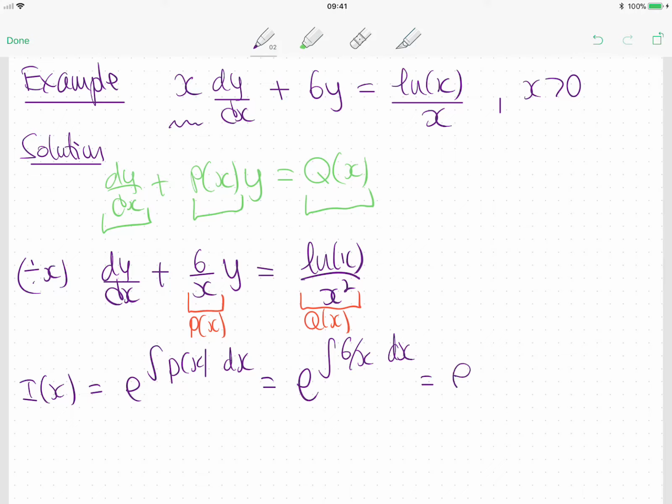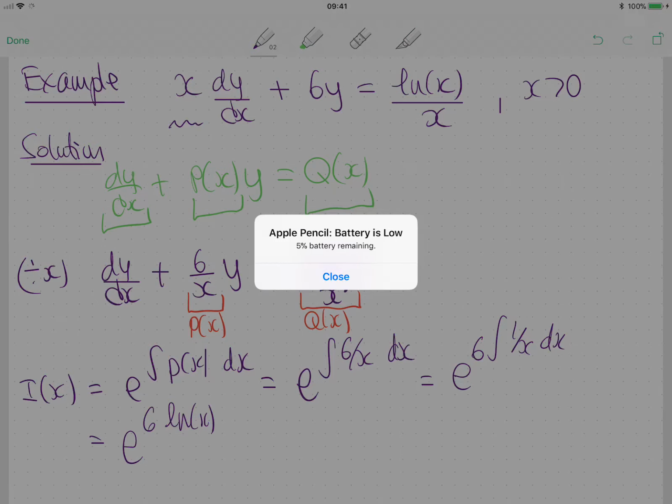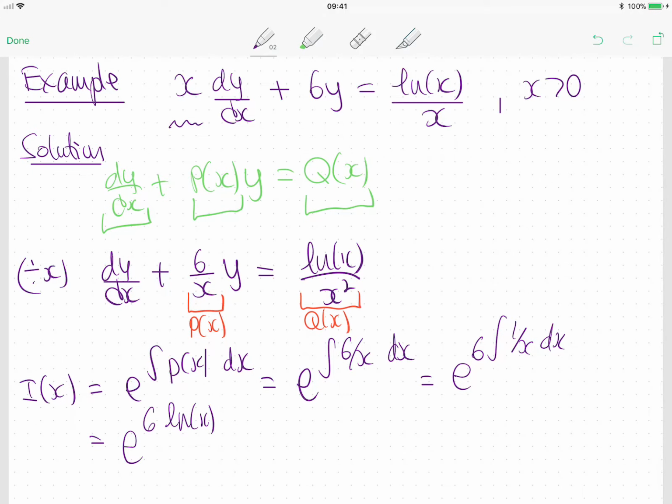I'm going to move the 6 to the front because it's a constant, and I'm left with the integral of 1 over x, which is log of x. So the integrating factor is e to the power 6 log x. Notice here we don't need to add the c, we'll deal with that much later.